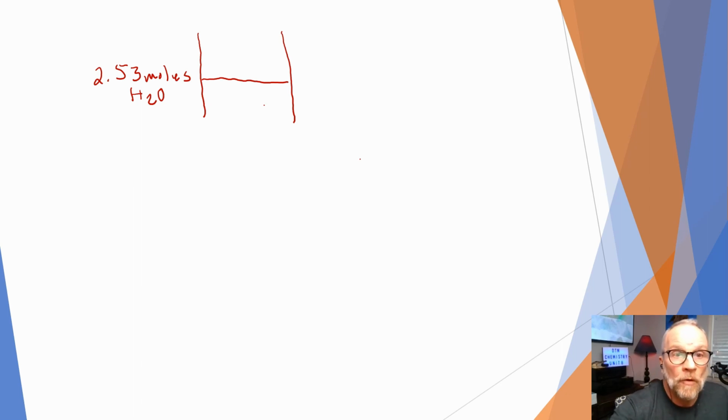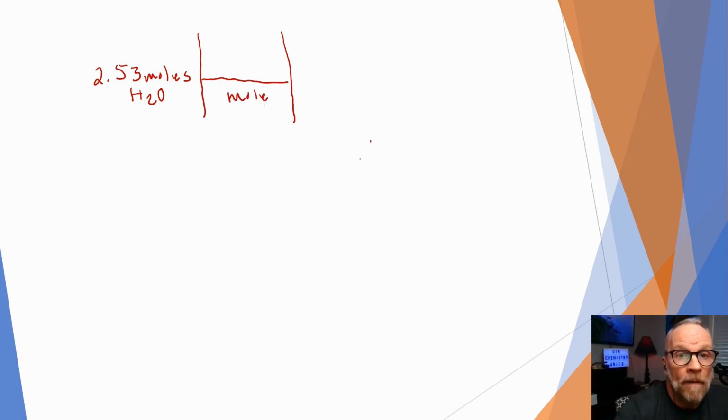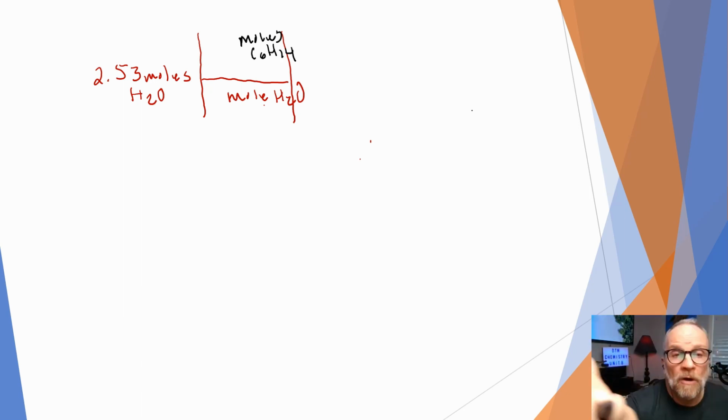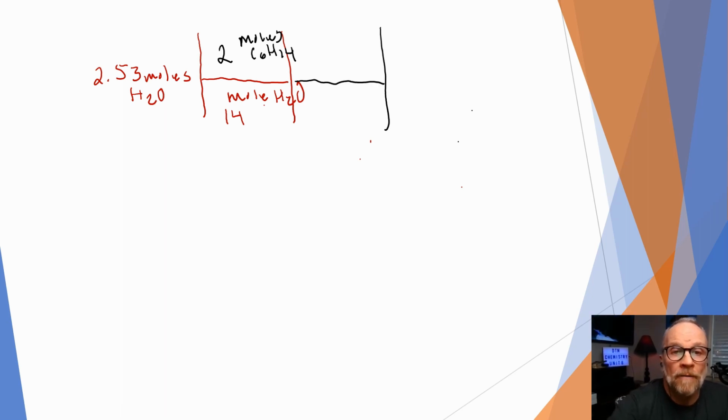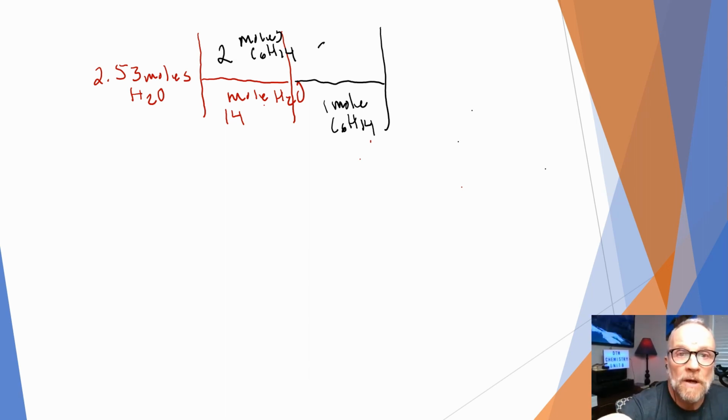So here we go from moles of water to moles of hexane. And if we look at the balanced equation, we had 2 moles of hexane per every 14 moles of water. And then for every 1 mole of hexane, we had 86 grams of the same.